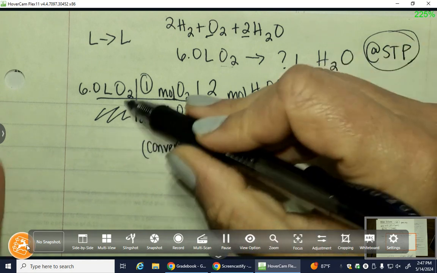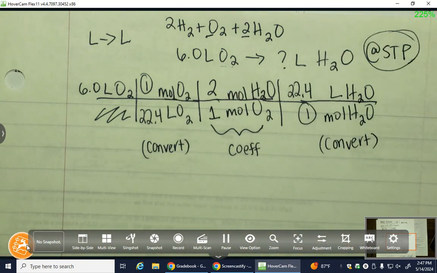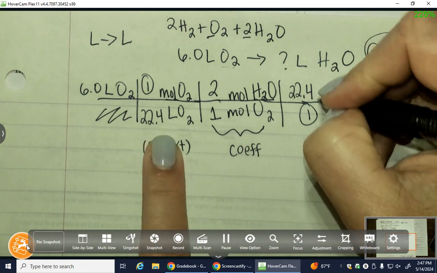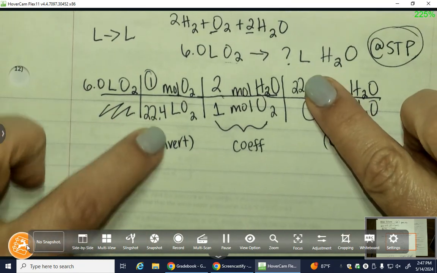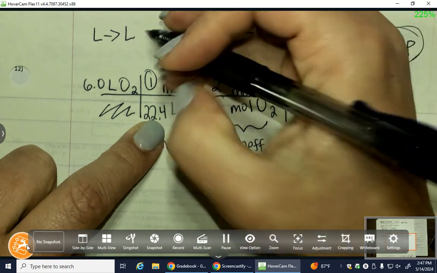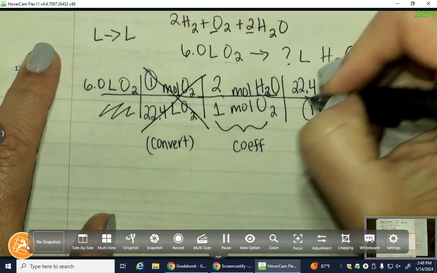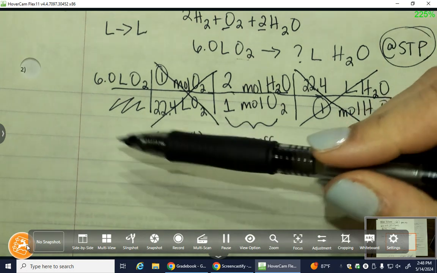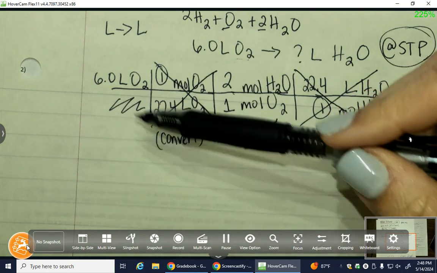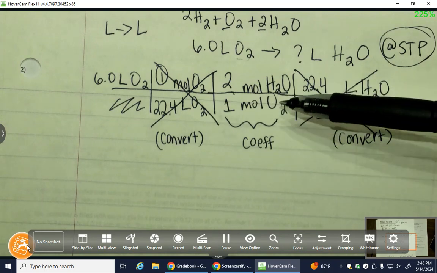Okay, so we could type all that into our calculator just like we did back in stoichiometry days. But the part that I wanted to reiterate was that these 22.4s are identical. They are like mirror images of each other. So we have this divided by that, and that can all go away, as in we don't need to include that. We can show that the liter amount is related by their mole ratio.